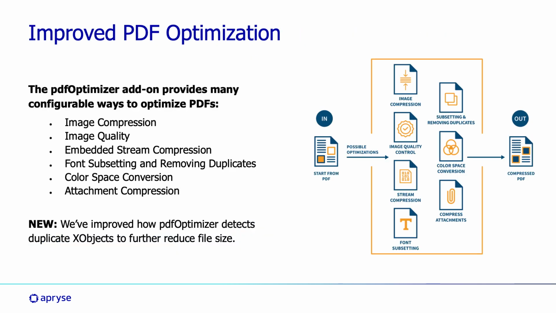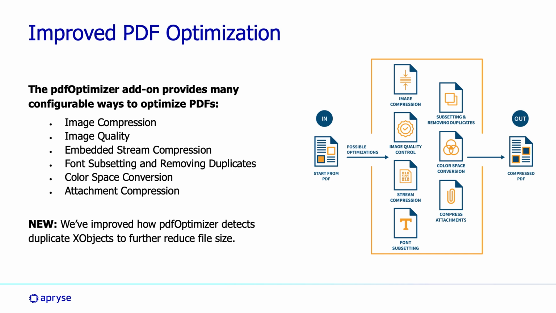We also did some improvements on PDF optimization. I won't spend too much time here, but basically we've improved how PDF Optimizer detects duplicate XObjects. A good example: let's say you have an invoice with logos on every page.